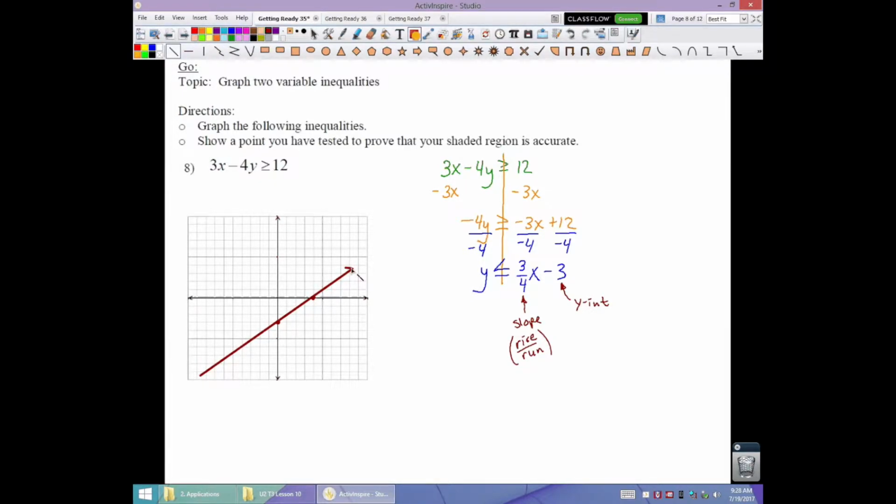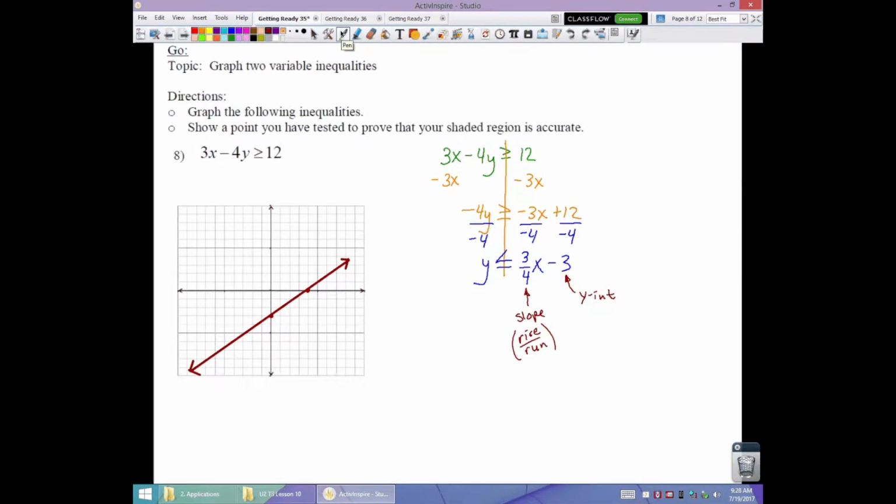Now I do need to take a moment and decide, make sure that I drew the right sort of line, whether it be solid or dotted. Since this is an or equal to, that means the line should be solid. And my last decision is just whether I shade above or below that line.